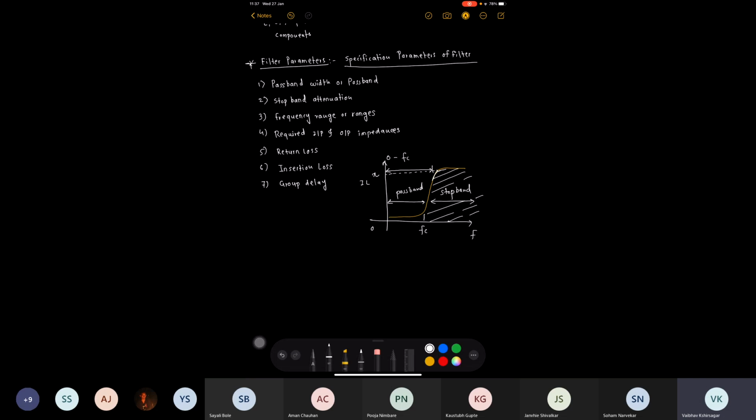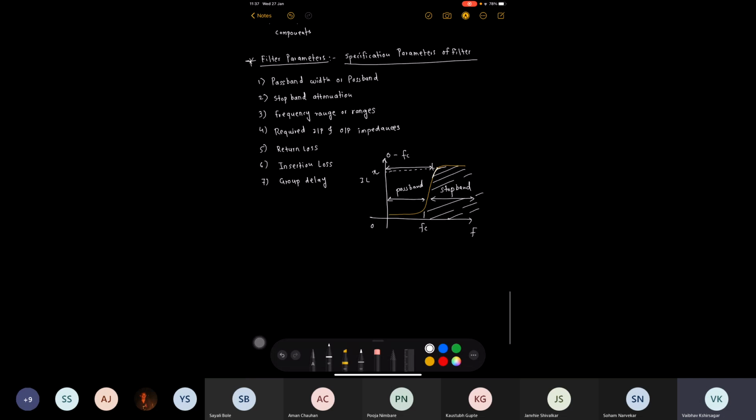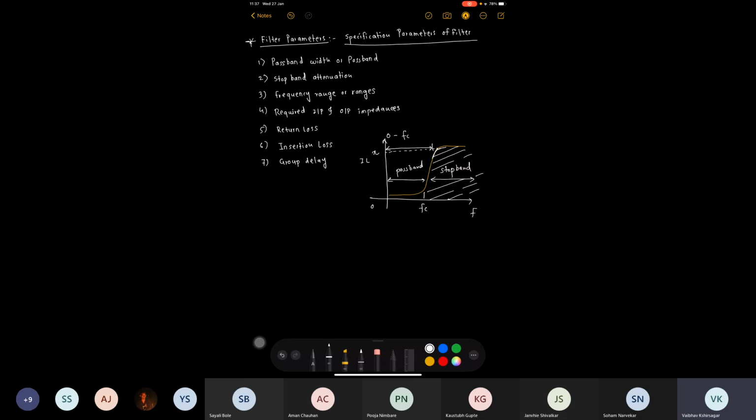Okay. So the required input and output impedances, point number 4. We already saw that the filter is represented by a two-port network, right? This filter is utilized to filter out certain things. So it has to be connected to a certain source at port number 1, and at the output, port number 2, it has to be connected to a load.